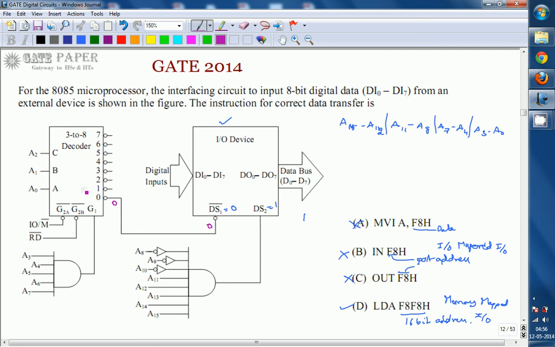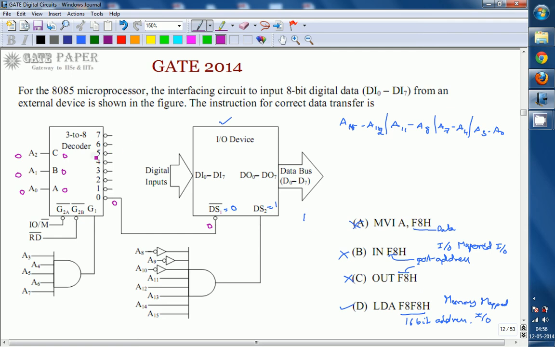This 0th line is going to be selected whenever C is 0, B is 0, A is 0. The meaning of that is A0 is 0, A1 is 0, A2 is 0. Whenever A0, A1, A2 are all 0, you can select this 0th line, that is, DS1 bar is selected.